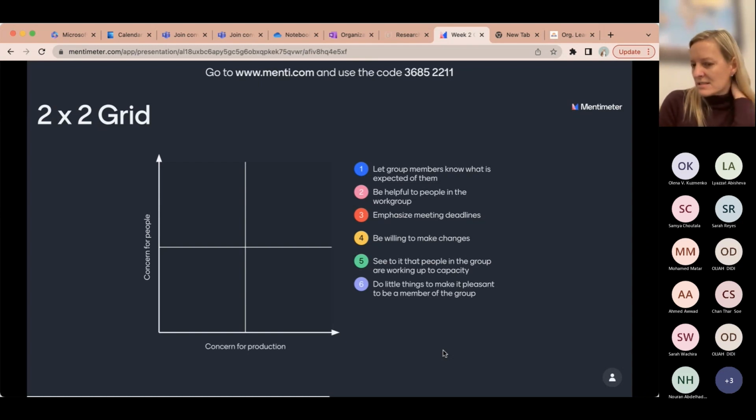And the visual is going to let us know where we fall as a group here in the course.